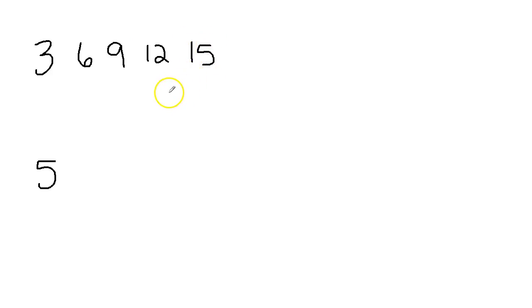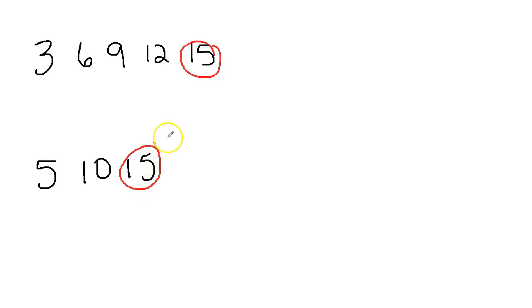Let's stop there. All right? 5, 10, 15. Already we see a common multiple. But is that the least common multiple? We don't know. We have to continue going until we have another common multiple in order to make 15 the least common multiple.